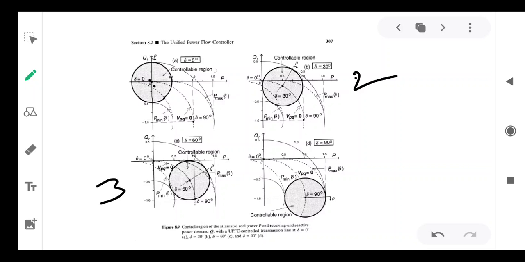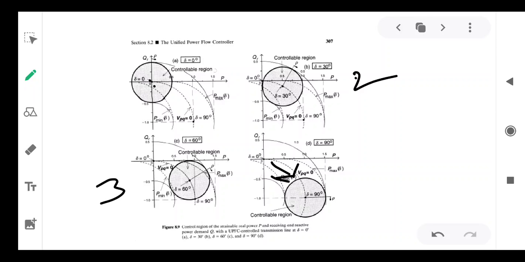Therefore, by controlling delta to a maximum value of 90 degrees, the control region shifts further away from the origin, so that it may provide flexible control over P and Q.